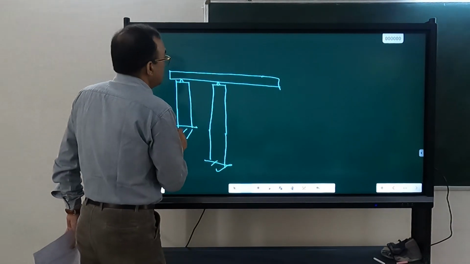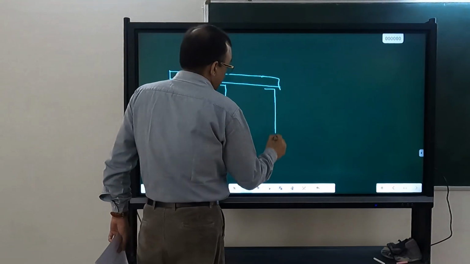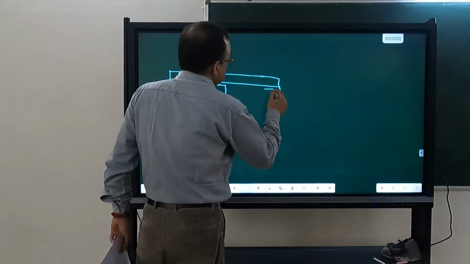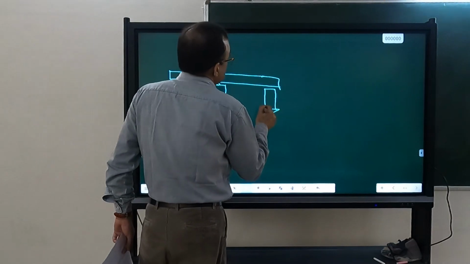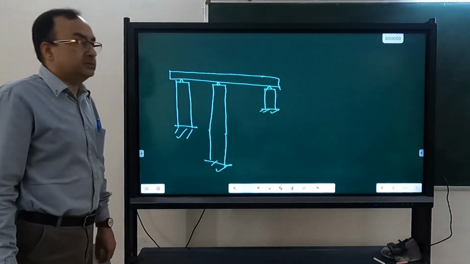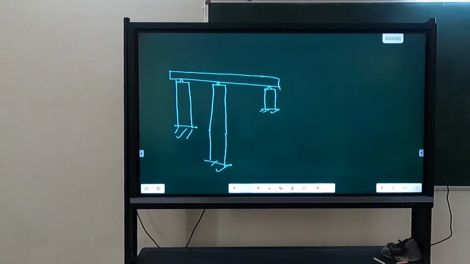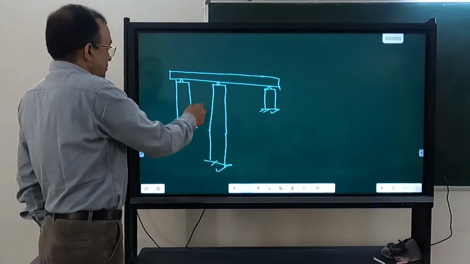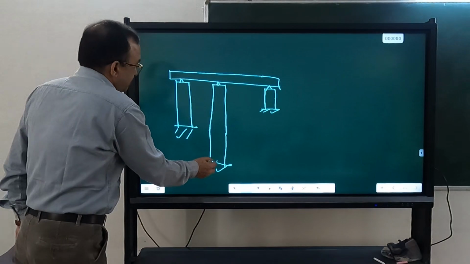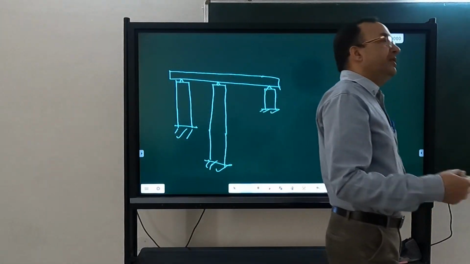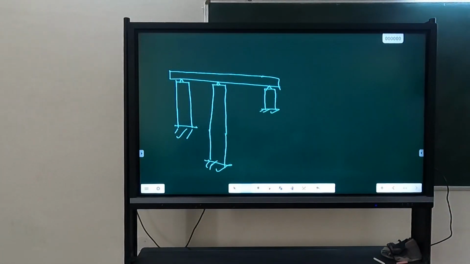Like this. All the three supports are pin supports. The superstructure is continuous, and the piers at the base you can assume to be fixed. In reality, piers will not be fixed at the base because there will be some foundation, and that foundation can deform, so some rotation can happen. But here you can assume it to be fixed.